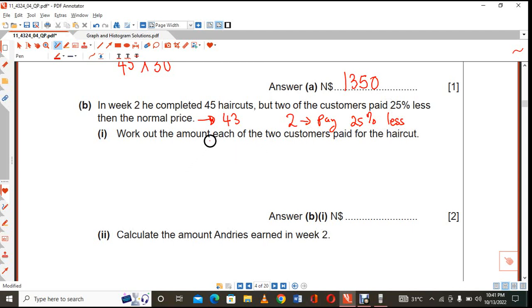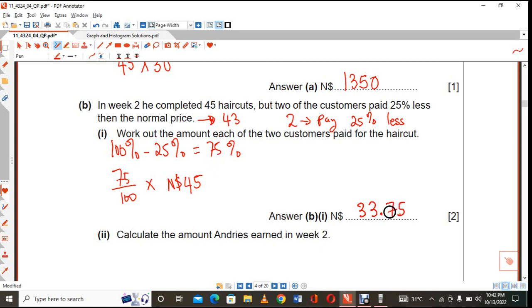So work out the amount each of the 2 customers paid for the haircut. There are 2 ways you can do it. You can say 100% take away 25% is 75%, because these guys are only going to pay 75% of the normal fee of $45 for a haircut. So now they are only paying $33.75.